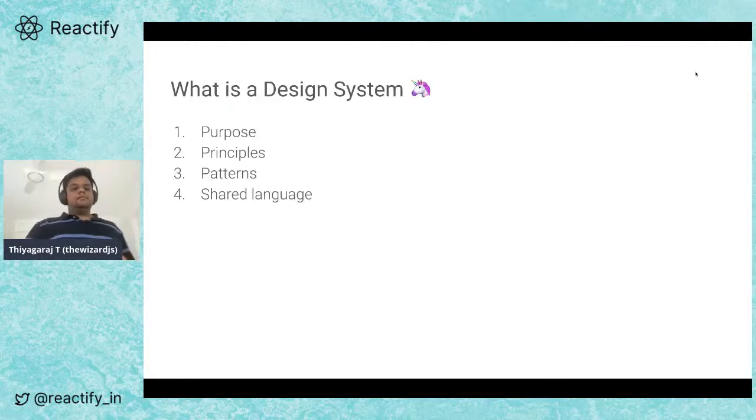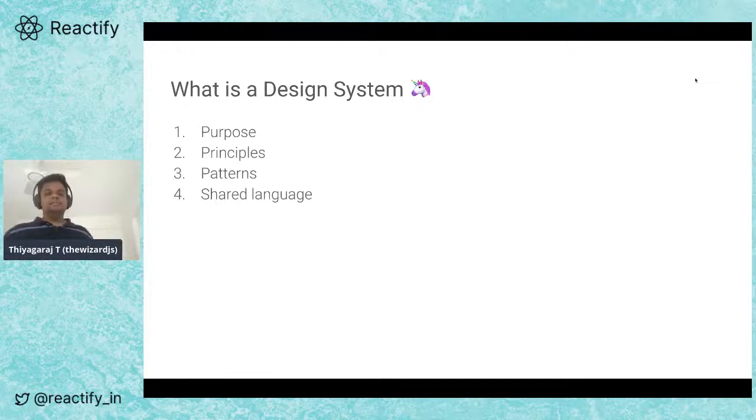The second is, what is a design system, right? So I know design system is talked about a lot nowadays on social media, and I see there are different ideas about it, and there are different perspectives to it. After a lot of reading and talking to a lot of people, I think what a design system boils down to is four specific things, very clear.